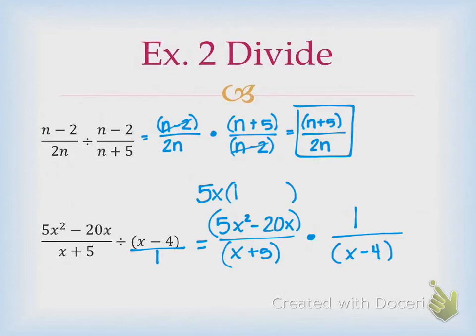So now I just divide. 5 divided by 5 is 1. If I had 2 x's and I took 1 out, I'm left with 1. 20 divided by 5 is 4. If I have 1 x and I took it out, I'm left with none. So I can cross this out because that's no longer my numerator. 5x times x minus 4 is my numerator. What can I cancel out now?